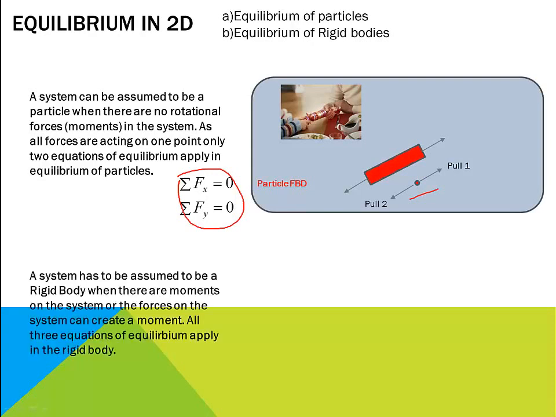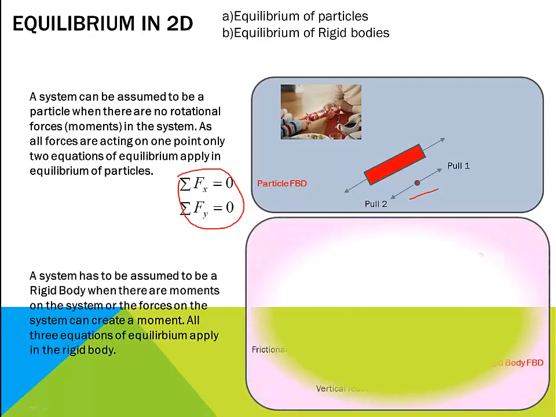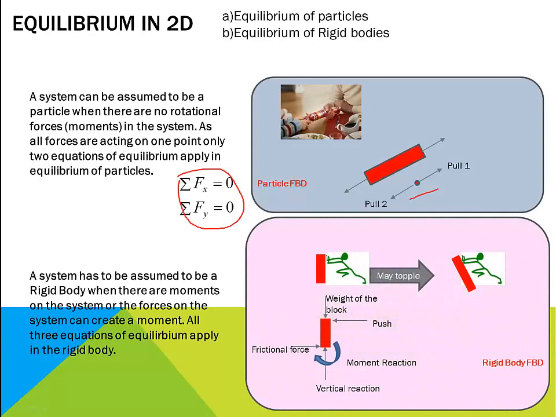A system has to be assumed to be a rigid body when there are moments on the system or the forces on the system can create a moment. All three equations of equilibrium apply in the equilibrium of rigid body analysis. In this example, a person is trying to push a tall block from the top.